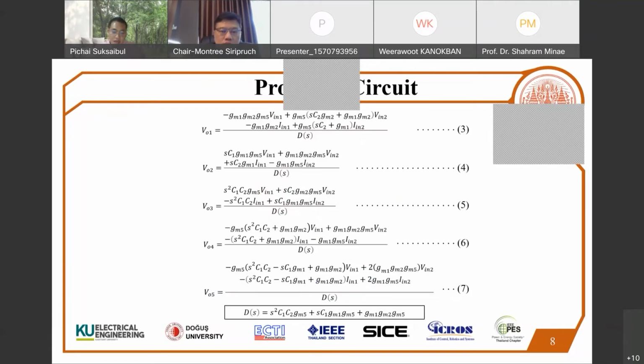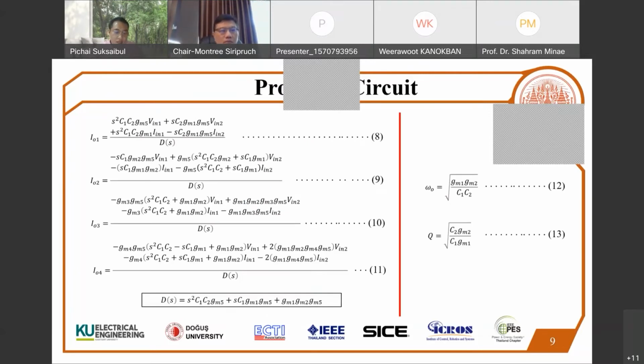In this slide we show the 5 voltage outputs at equations 3 to 7, while the determinant is in the back rectangle. Next, this slide shows the 4 current outputs at equations 8 to 11.